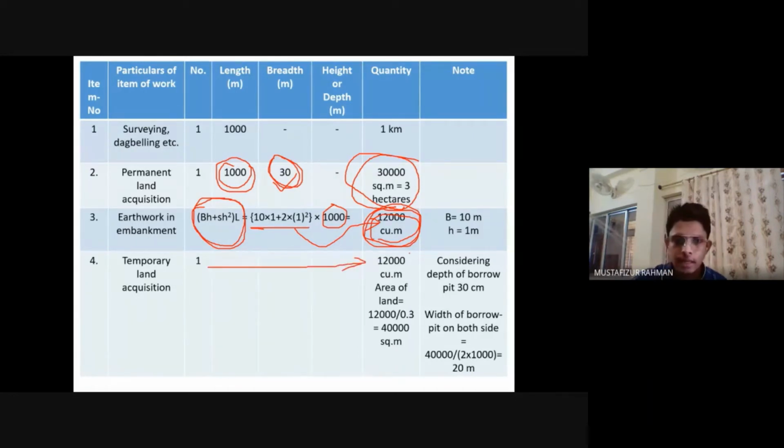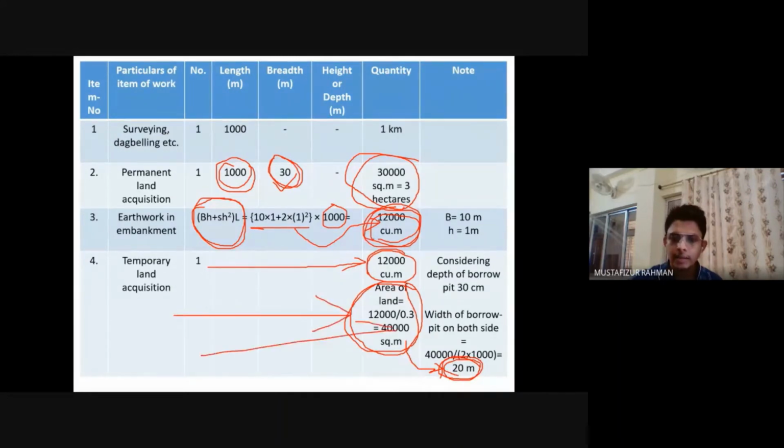Same as the earthwork in embankment, 12,000 cubic meter we have to do. Area of land, we are considering 30 centimeter depth. So this much area we will require. Further, if I want to say how much is the width of land we will be requiring by the side of the road, it becomes 20 meter. Okay, it is exactly same as the above numerical.